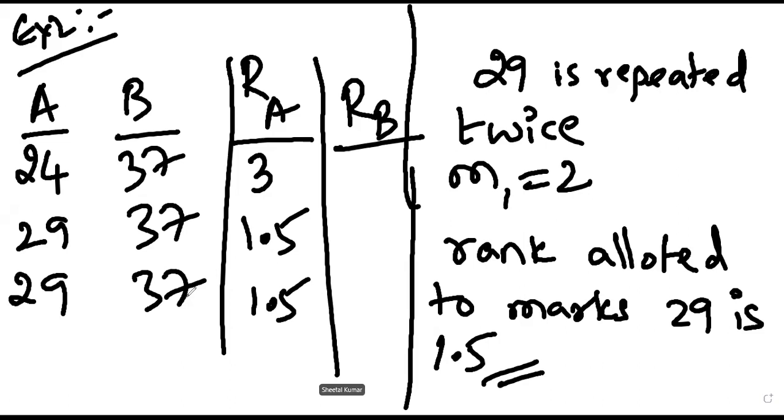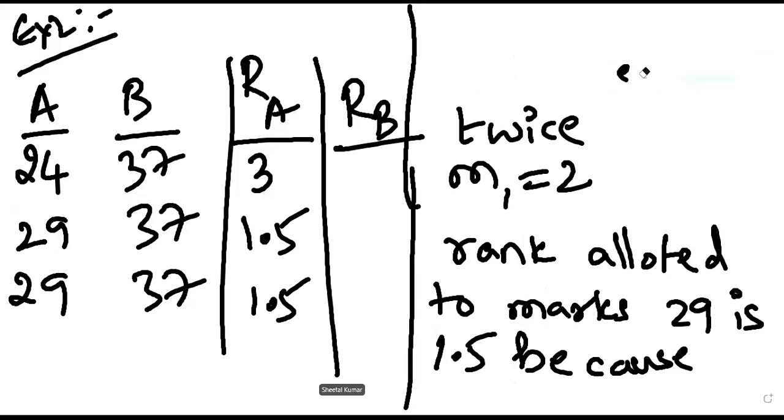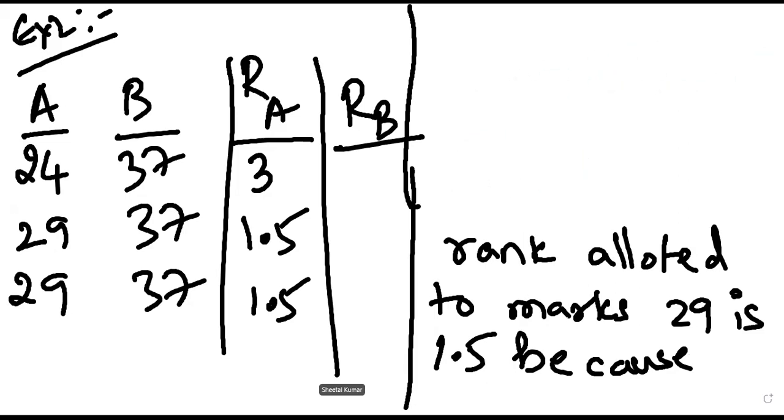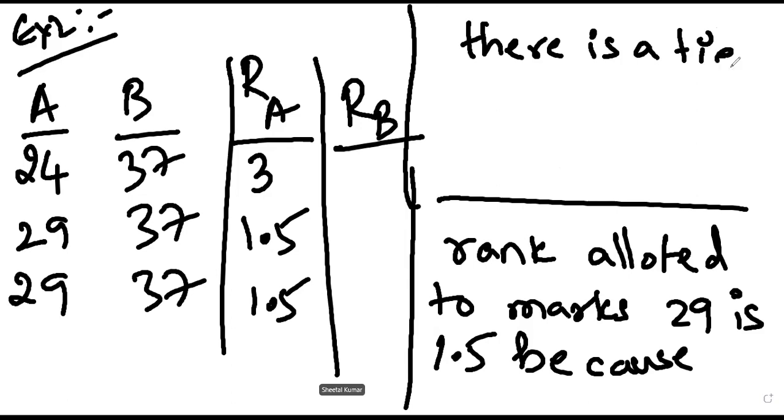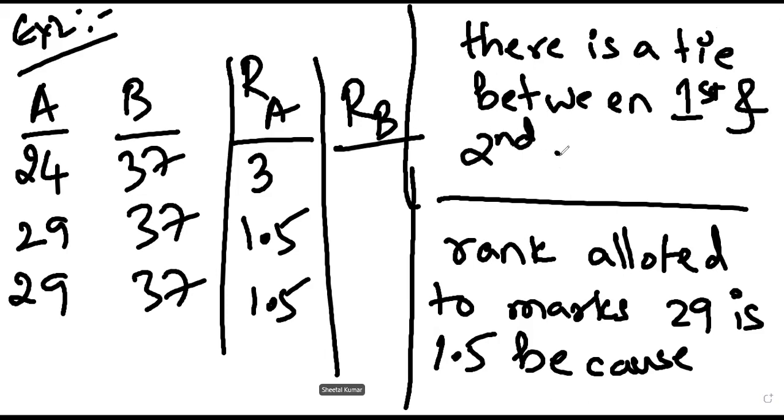Sir, how that 1.5 came, sir? How is 1.5? Because rank allotted to marks 29 is 1.5, because there is a tie between first and second rank. Is it right? Yes, sir.